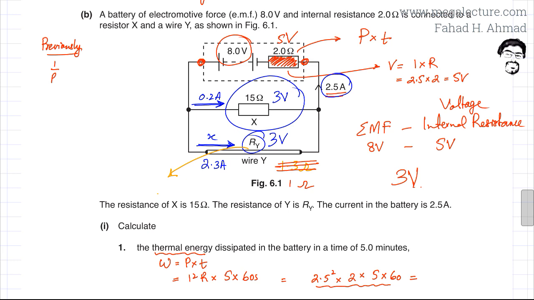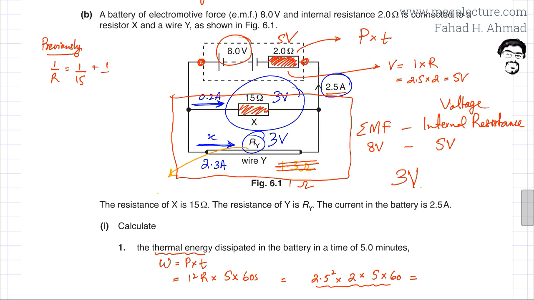So I'm going to use the relationship with the total net resistance in a circuit that's in parallel. These two resistances are in parallel. So 1 over R is equal to 1 over R1, which is this resistor over here, plus 1 over R2. Previously the resistance was 1.3 ohms. So this is the total resistance that's being offered.